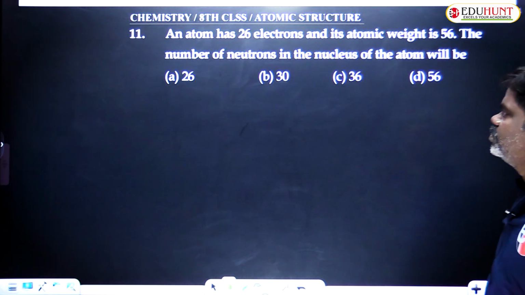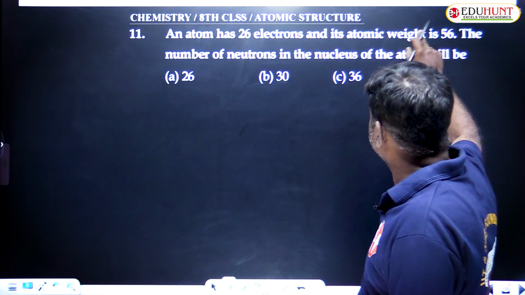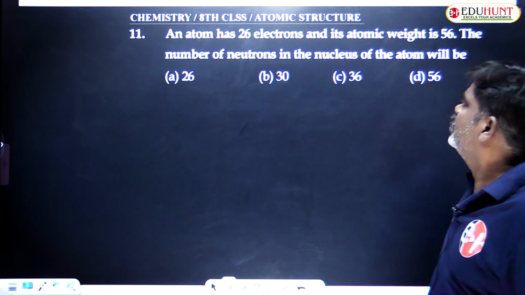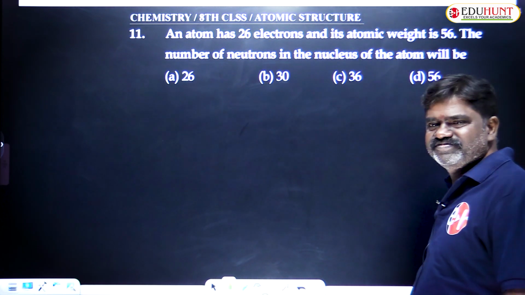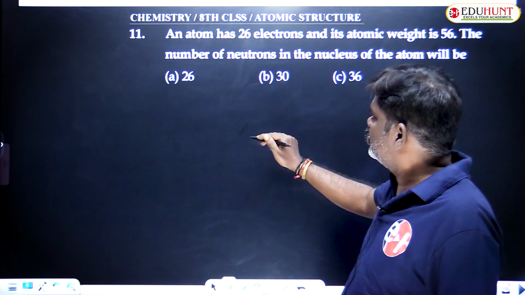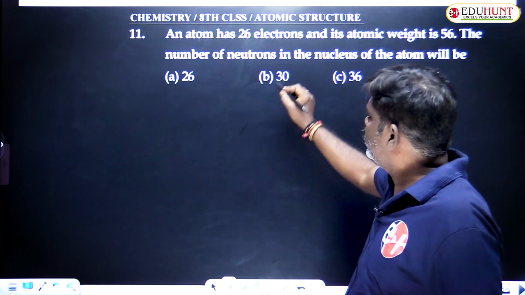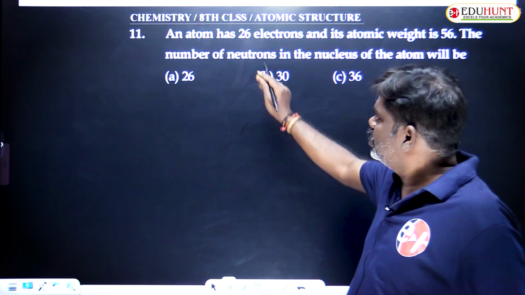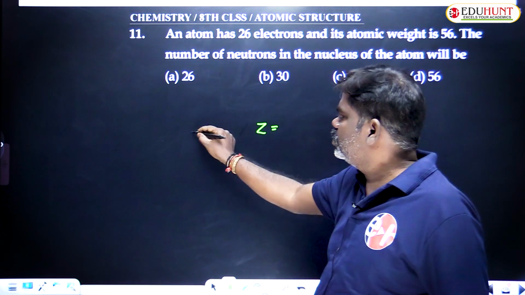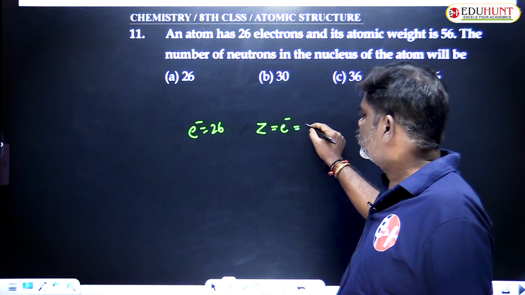Another question. The atom has 26 electrons and its atomic weight is 56. The number of neutrons present in the nucleus will be? The atom has 26 electrons, which means its atomic number is 26.